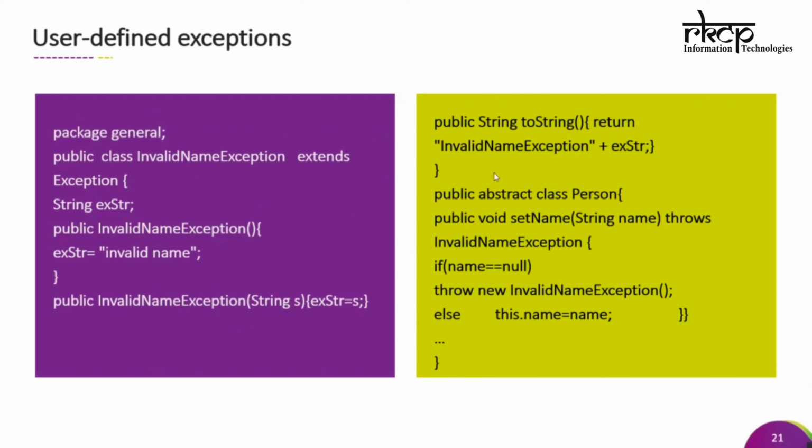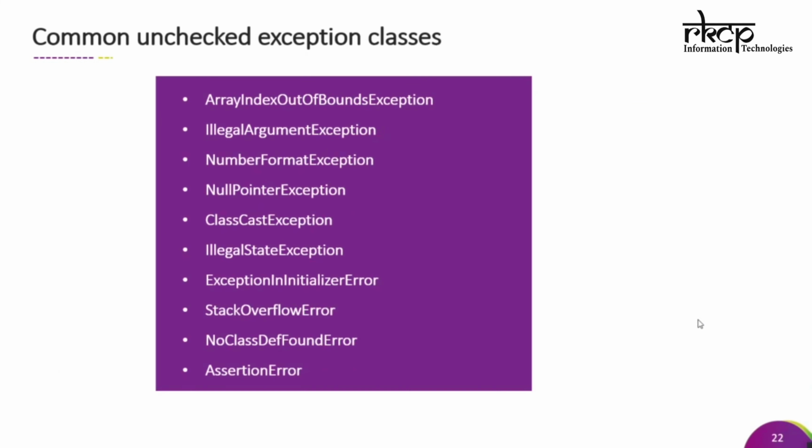Whatever you return inside the toString method, the same value will appear when you use this class as the user defined exception. Here I have setName, I am writing throws with my user defined exception, and if the value of name is null, I want to throw this user defined exception. Then you know what it will print? It will print this message, invalid name exception. Don't worry if you're not able to understand; I will show you practically. Then it will be very easy for you to understand this concept.